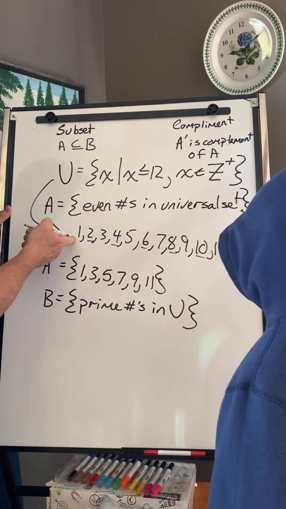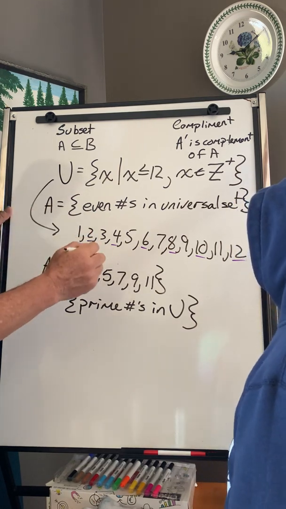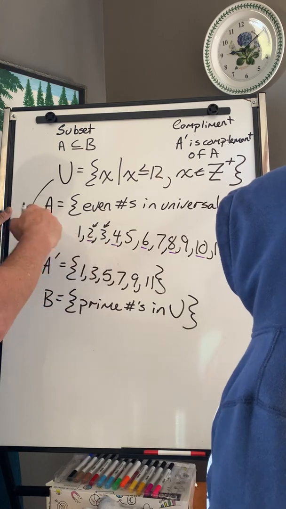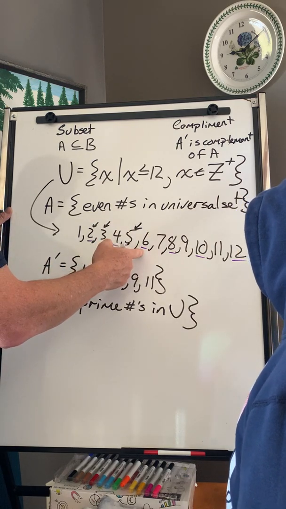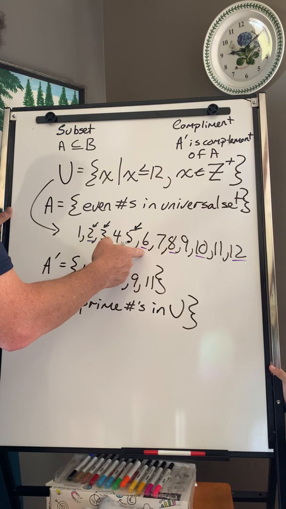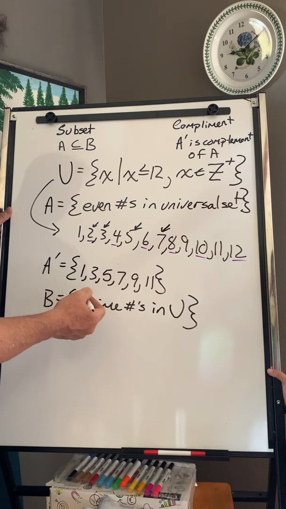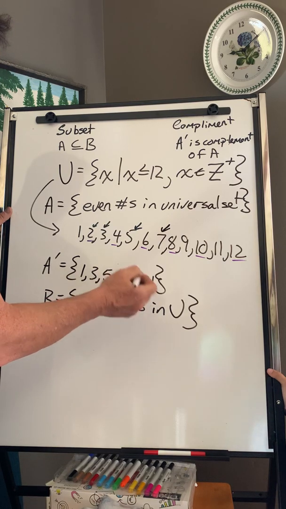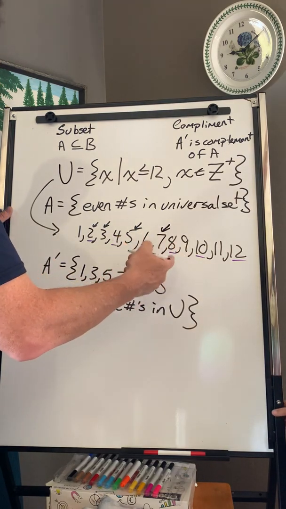So 1's not prime. 2 is prime, because 2 times 1 is the only way to get 2. 3, prime. 4, I have 4 times 1 and 2 times 2, so it's not prime. 5, 5 times 1 is the only possibility, so it's prime. 6, no. 7, yes. 8, no. 9, 3 times 3, so no. It can be any two other numbers.